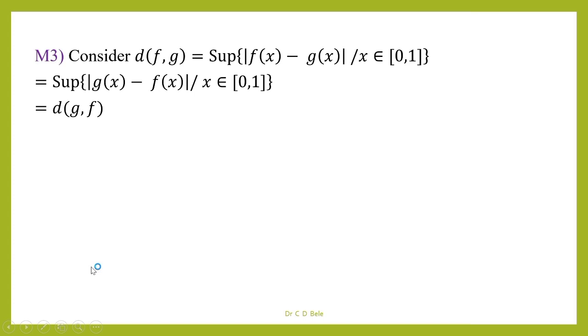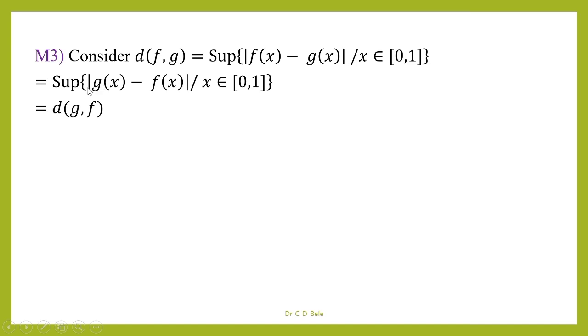Now next, symmetry. Consider d of f, g. By definition of d of f, g, it is nothing but the supremum of the set of all absolute values of f of x minus g of x such that x belongs to the closed interval 0 to 1. Now by the property of absolute value, in place of f of x minus g of x, take the absolute value of g of x minus f of x.